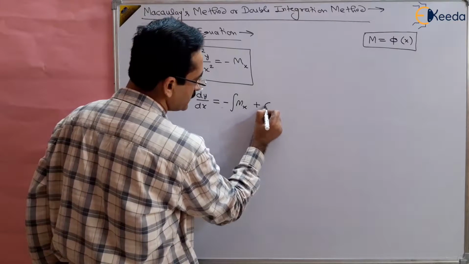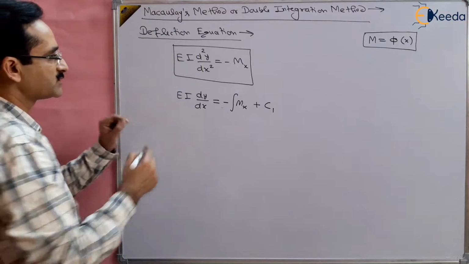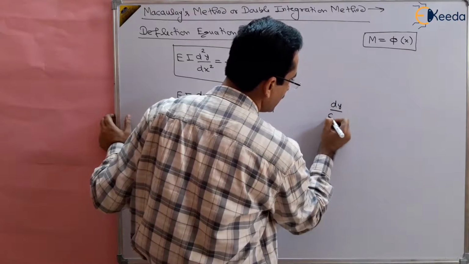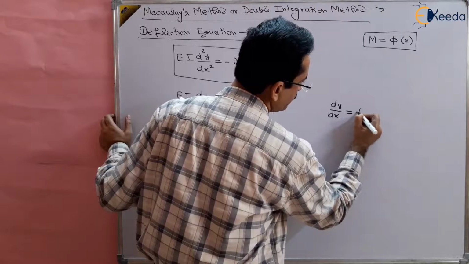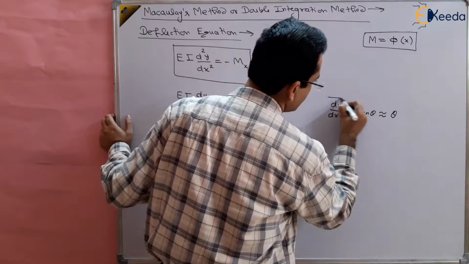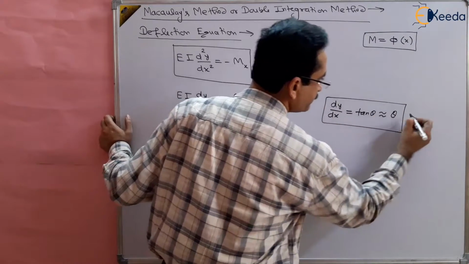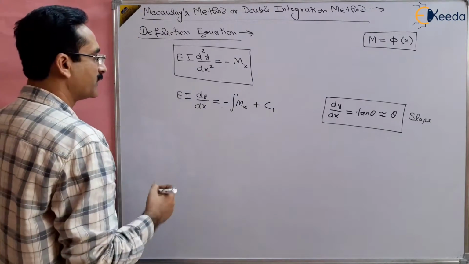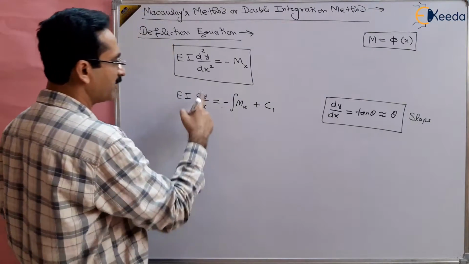So this will give the slope, where dy by dx is the slope of the beam, which is nearly equal to theta, right? So first integration will give the slope equation. Dividing by EI we will get the slope.